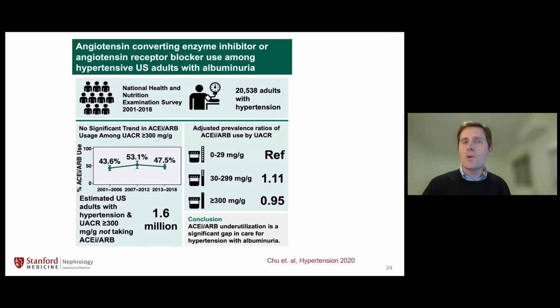I won't divert too much to an aside, but I think it's important to understand we've had a great therapy for slowing chronic kidney disease for a long time. We still haven't mastered making sure that we implement what we know works, that we deliver to our patients what we have known has worked for so many years.